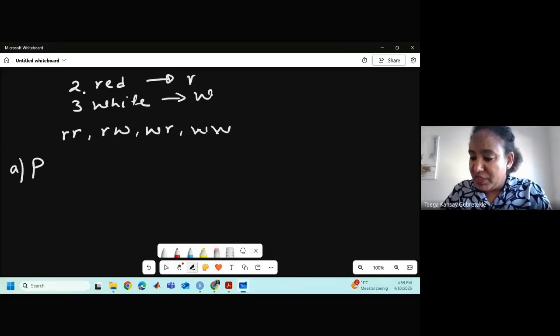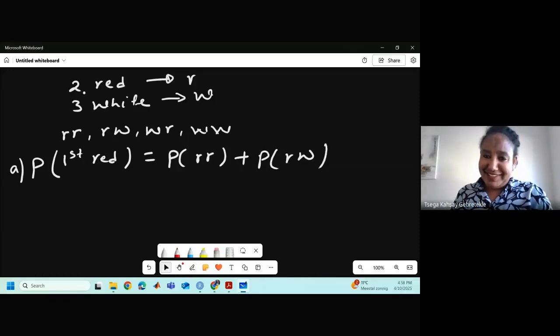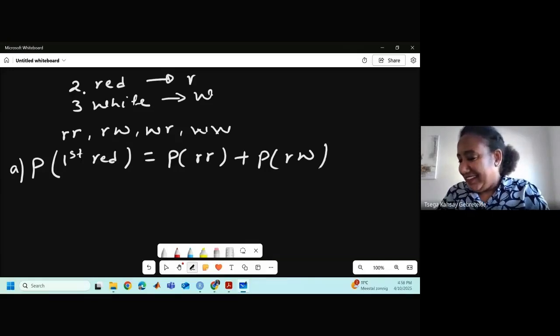So A says, what is the probability that the first draw is red? The probability of the first red. This means either it can be probability of red, red, or the probability of red, W. Yes? Okay.